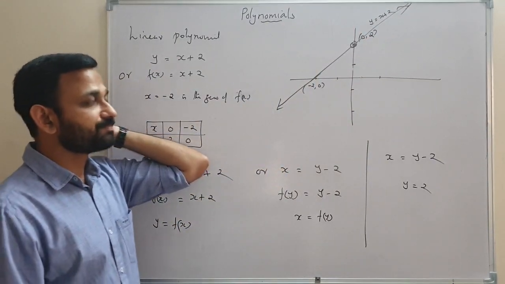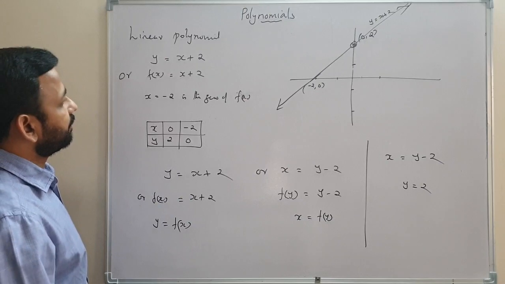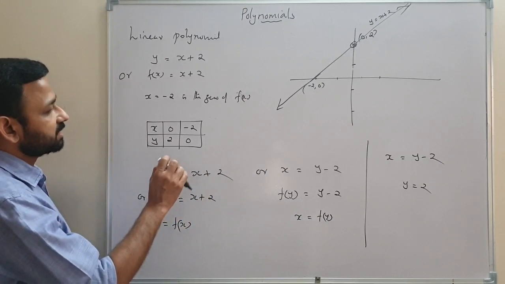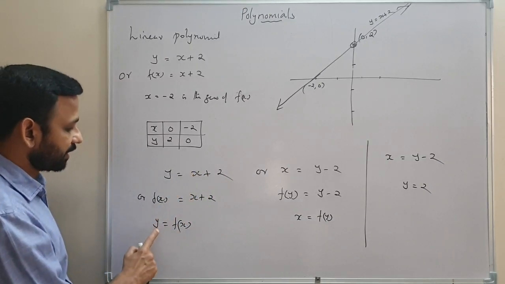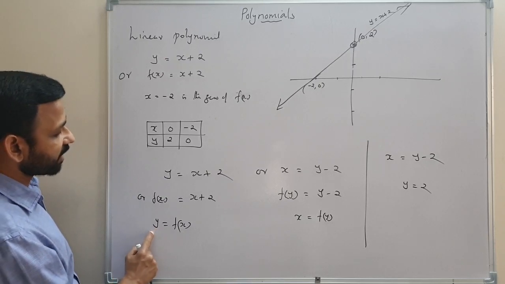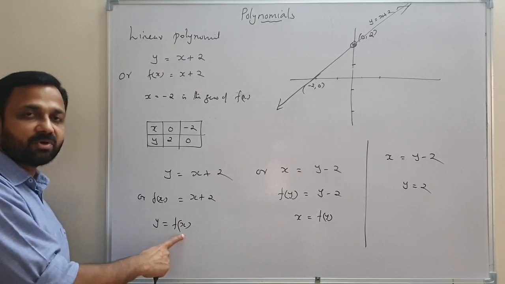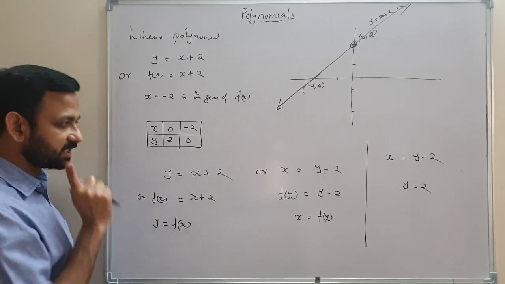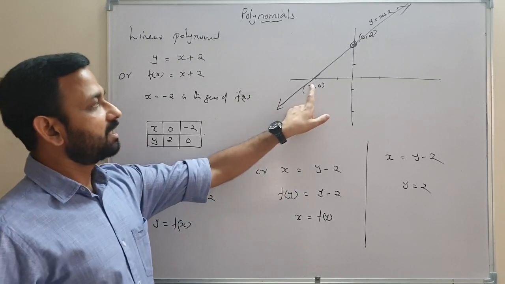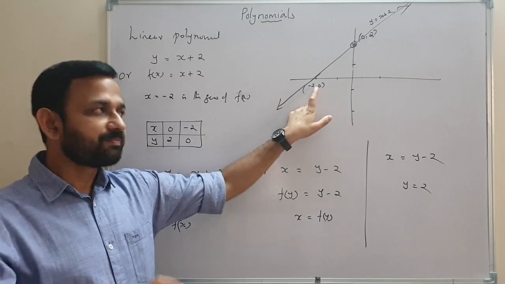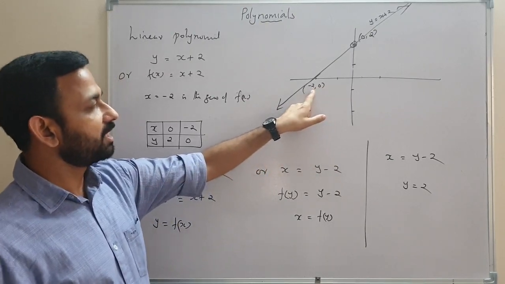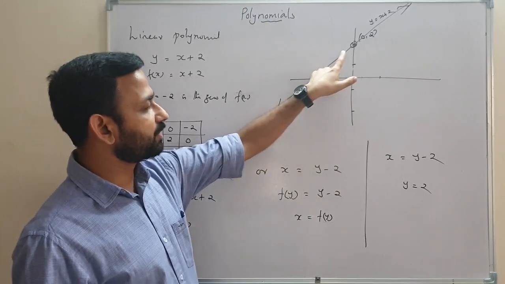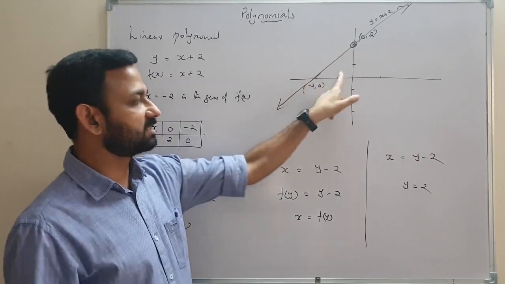So once again, if the polynomial is in the form of y is equal to f of x, or the variable of the polynomial is x, then the 0 of the polynomial is the x coordinate of the point of intersection of the graph and x-axis.